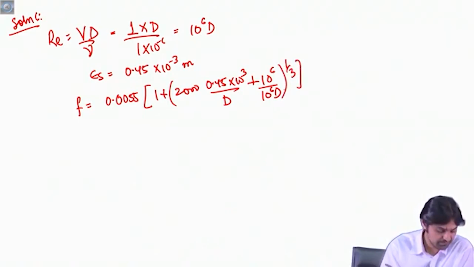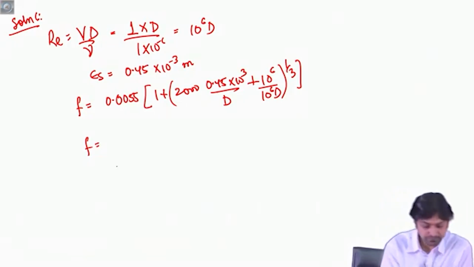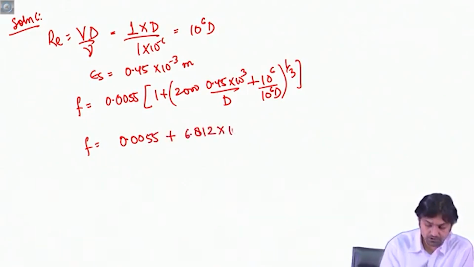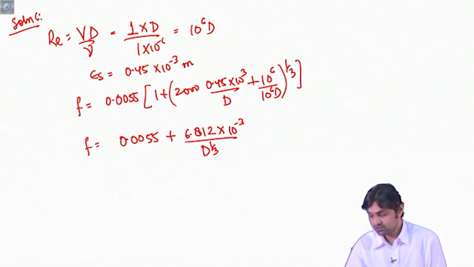So f can be written in final form as 0.0055 plus 6.812 into 10 to the power minus 3 divided by d to the power 1 by 3.